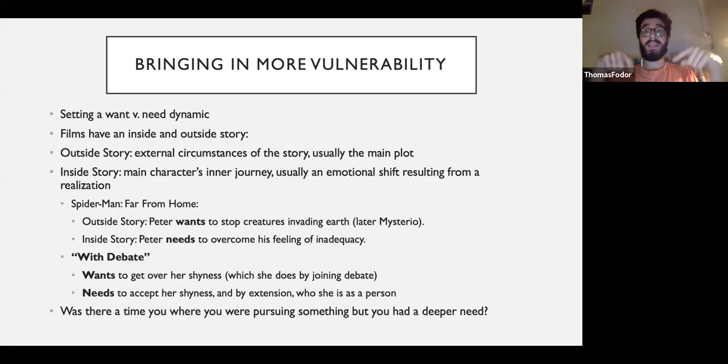But what she needs to do is accept her shyness, and by extension, who she is as a person. And she talks about this in the last paragraph of her essay, where she discusses the dichotomy between North and South Korea, about bringing together these two disparate parts of the Korean heritage that she has.